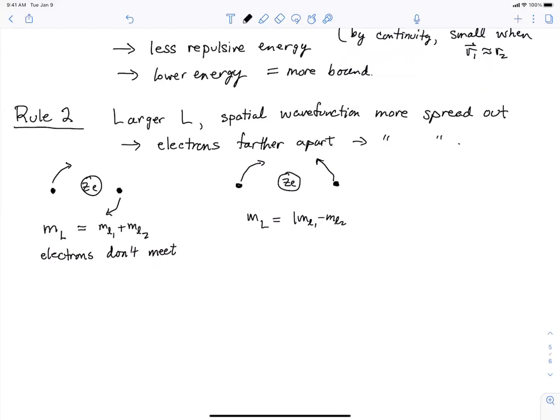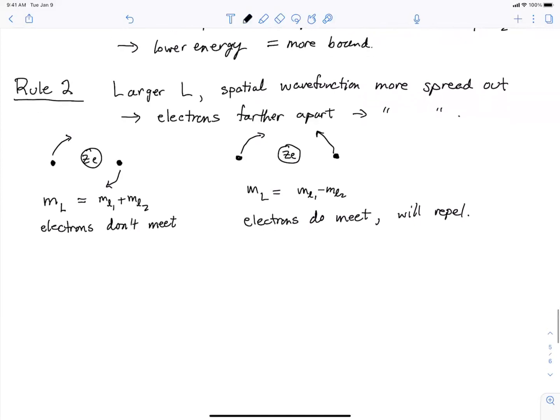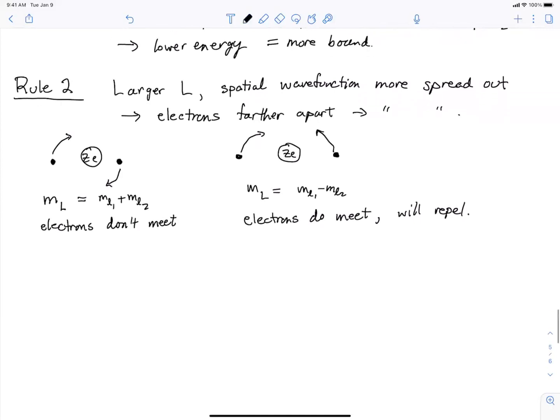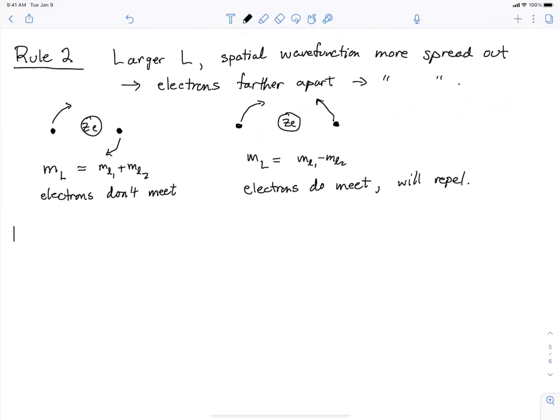Actually, I shouldn't put the absolute value, perhaps. Okay, because they're going in opposite directions. But now the electrons do meet. They can't stay on opposite sides. And so they're going to be closer together, and therefore they will repel. Okay, and that repulsive energy is a positive energy, which will add to the energy of the state and make it less bound. Okay, so that's hand-waving justification of rule 2.